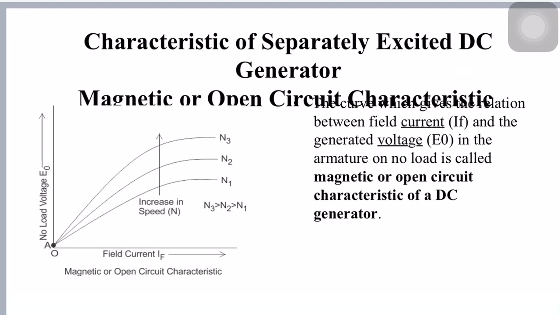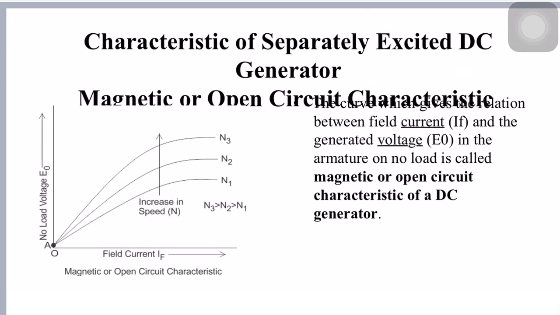It is because in this range the reluctance of iron is negligible, very less as compared with that of the air gap. And this air gap reluctance is constant, and hence we will get a linear relationship.